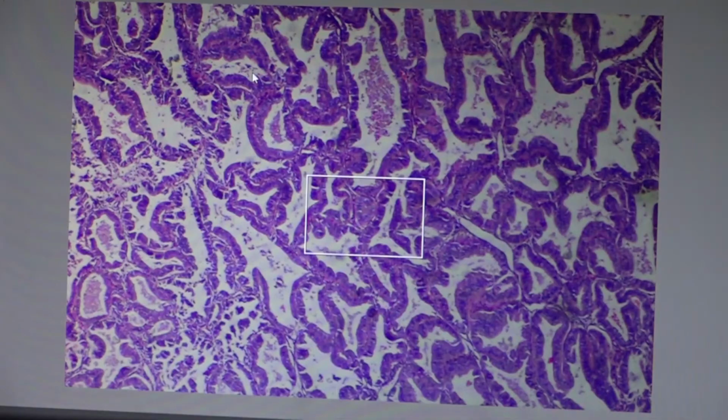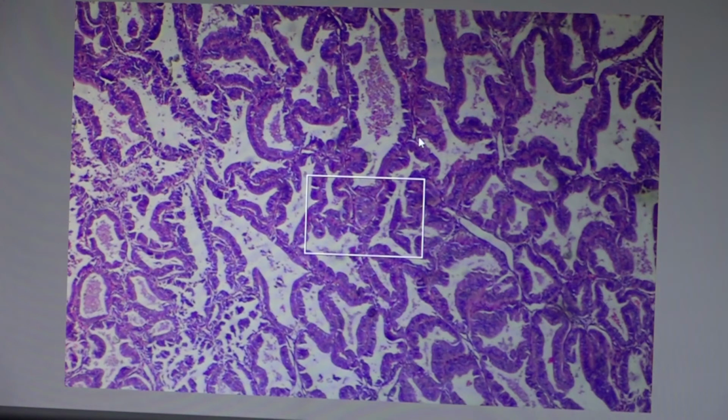This slide also represents adenocarcinoma of the endometrium. This is well-differentiated adenocarcinoma composed mainly of a glandular epithelium, endometrial glands, but these glands are hyperchromatic, pleomorphic.